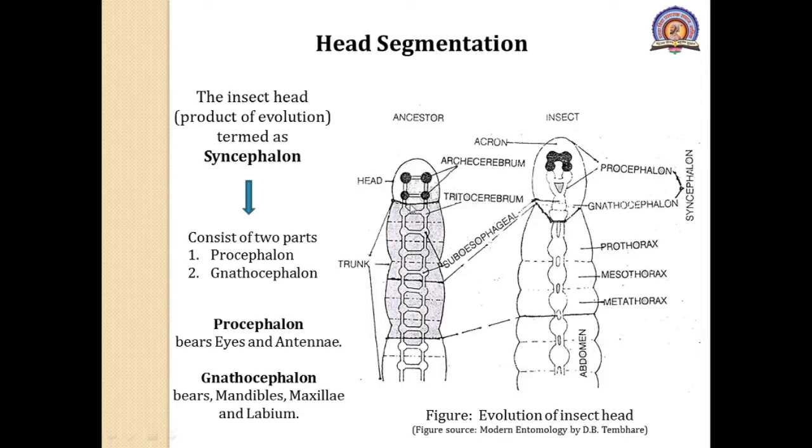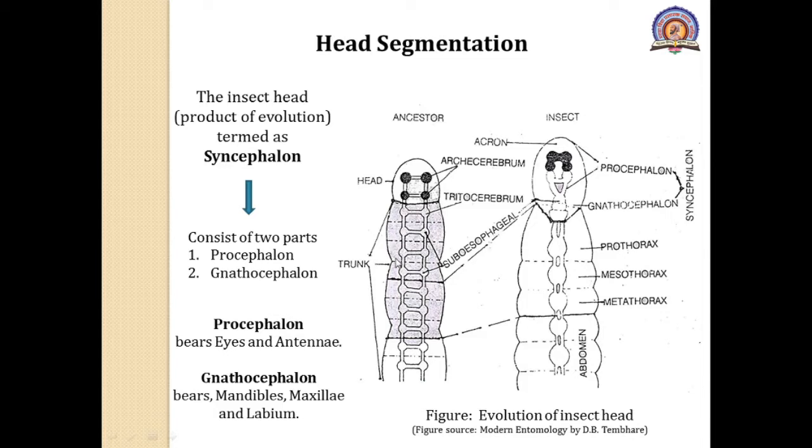And if you see the characteristic feature of the annelids, they generally have a metamerically segmented body, and within each segment there lies a pair of ganglia, and these ganglia provide the nerves to the organs of the respective segment.